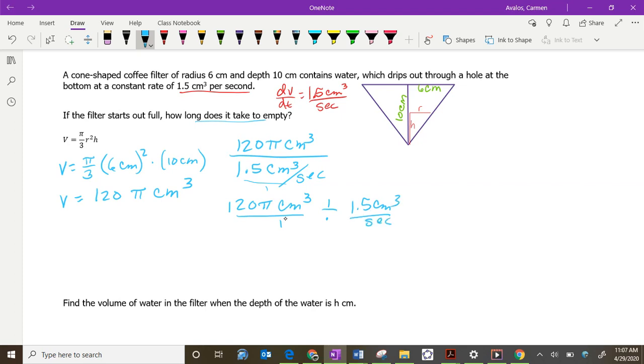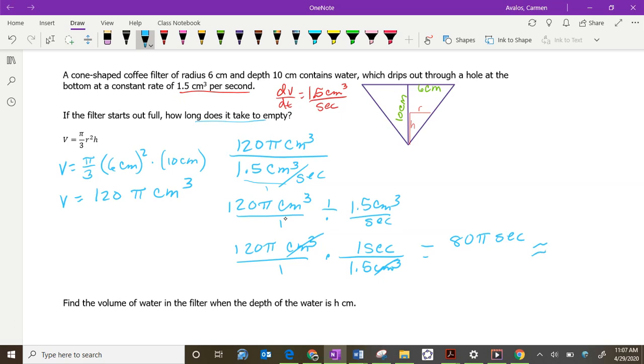That's the reciprocal: 120 pi centimeters cubed times 1 second over 1.5 centimeters cubed. That cancels, and now you're just left with seconds. Once you calculate it, you get 80 pi seconds.